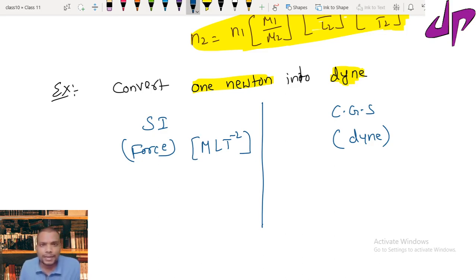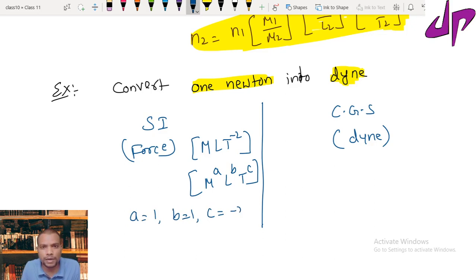And if I convert this by comparing with the standard formula M power a, L power b and T power c, here a equal to 1, b equal to 1 and c equal to minus 2. We compare these powers.